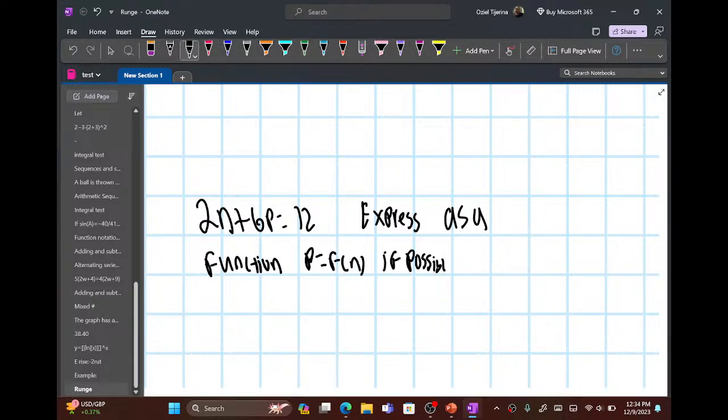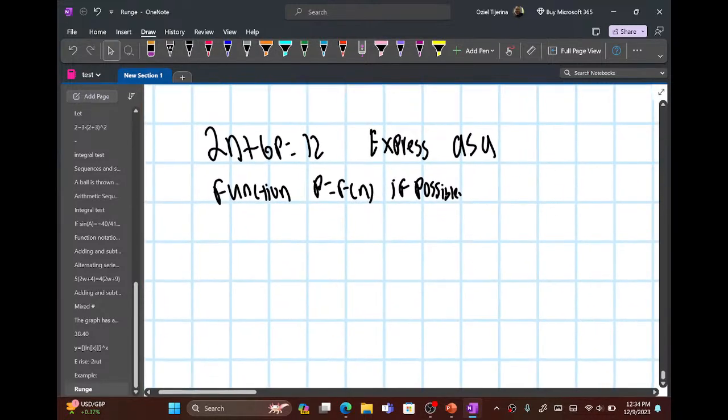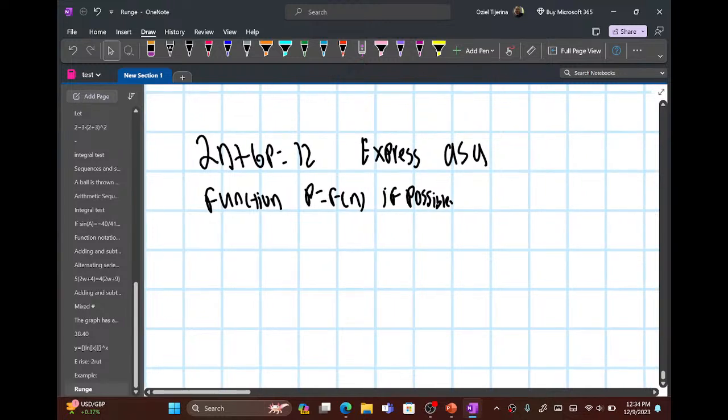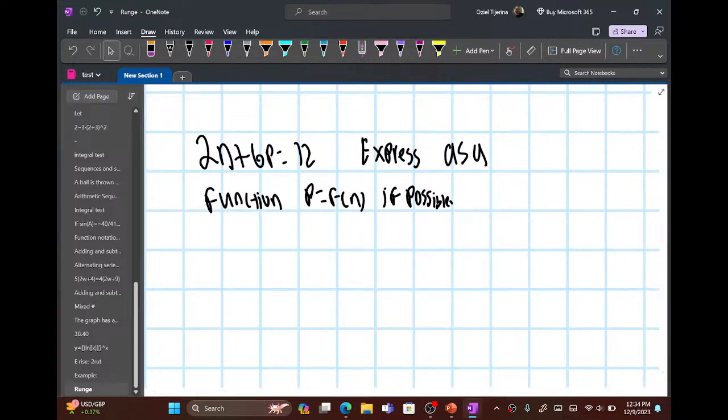What this means, guys, is we really want to do this as a function of n. We want to get p equals f of n.